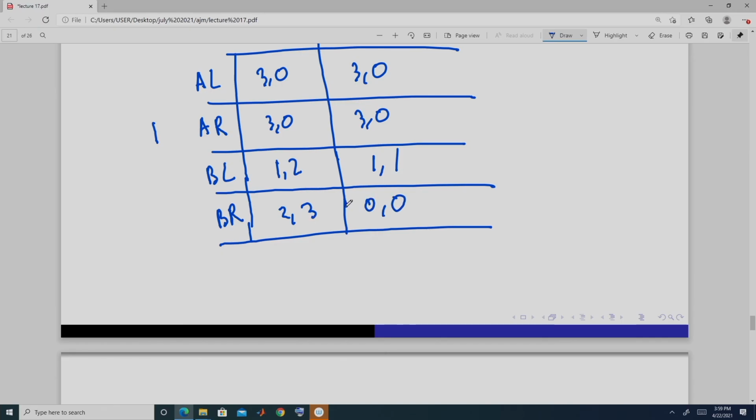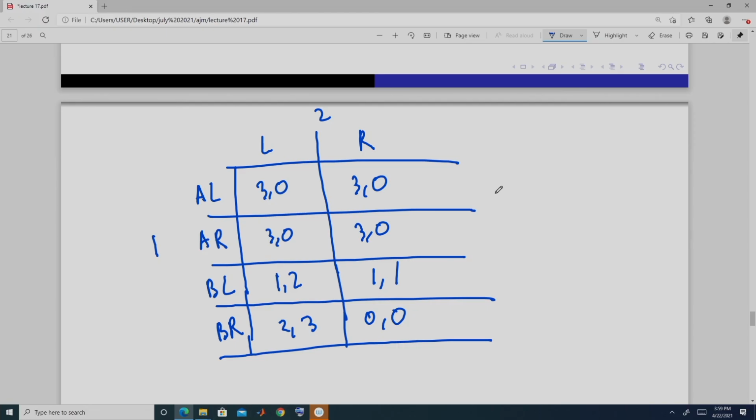Okay. Now, we can find all the Nash equilibria of this game. What are the Nash equilibria? If it plays L, it can choose this or this, it is going to be indifferent between these.